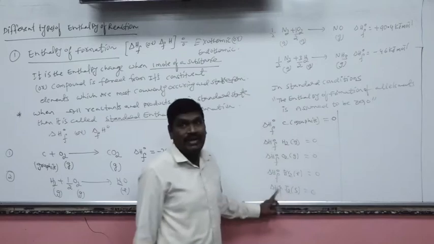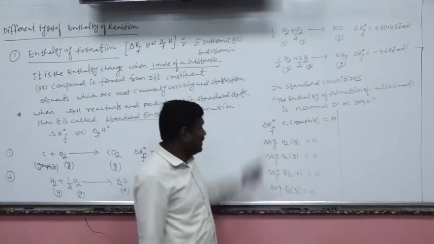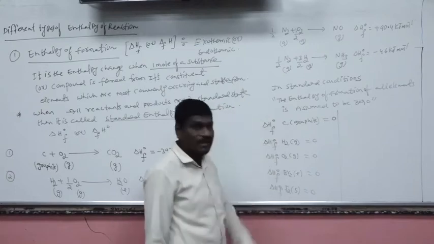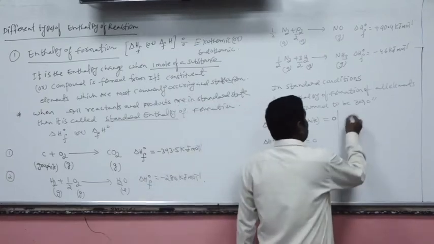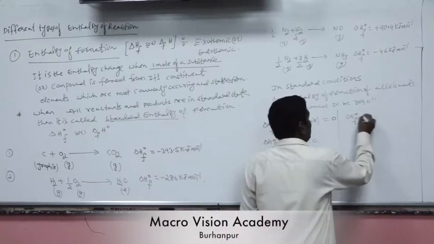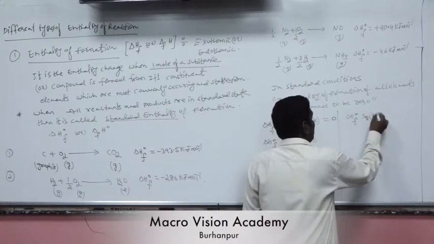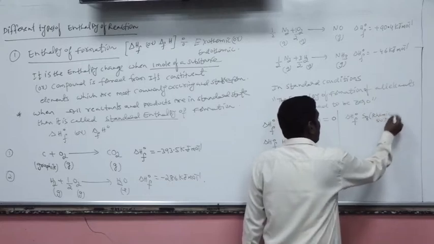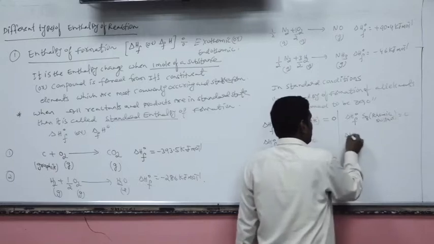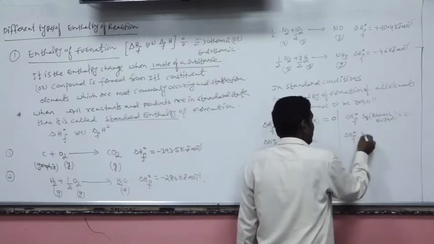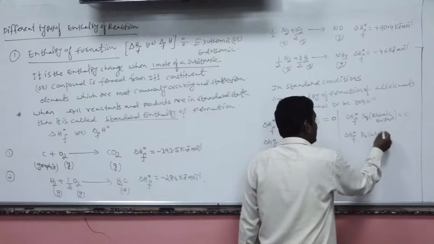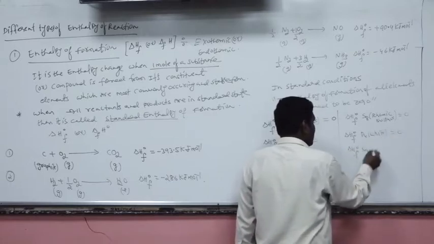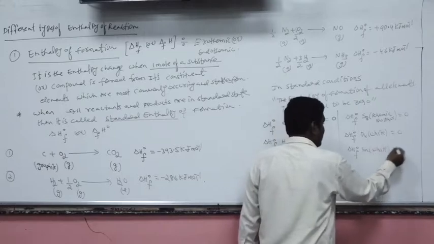Remember, it is only for elements, not for compounds or substances, only for elements. I am writing carbon, hydrogen, oxygen, bromine, iodine elements. Isn't it? The standard enthalpy of formation of rhombic sulfur is taken as 0. The standard enthalpy of formation of white phosphorus, and of tin, the stable form, white.